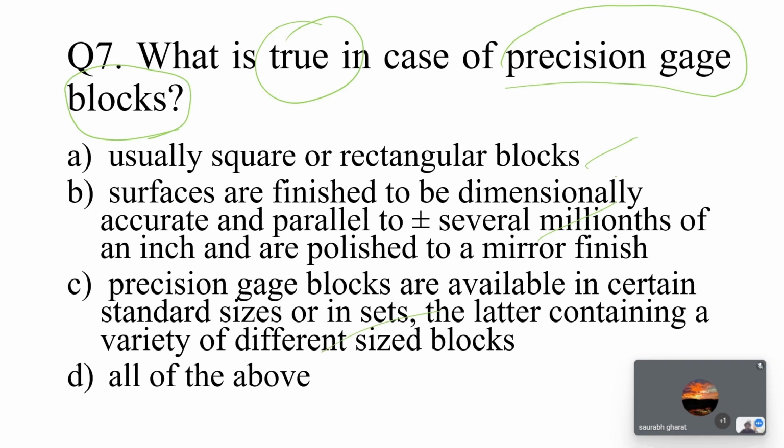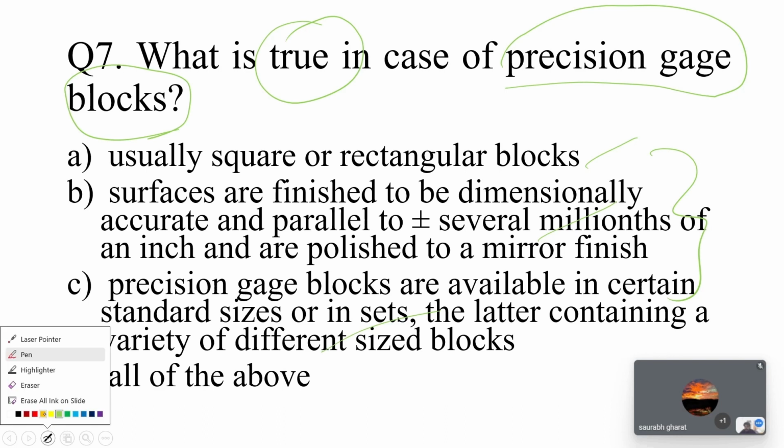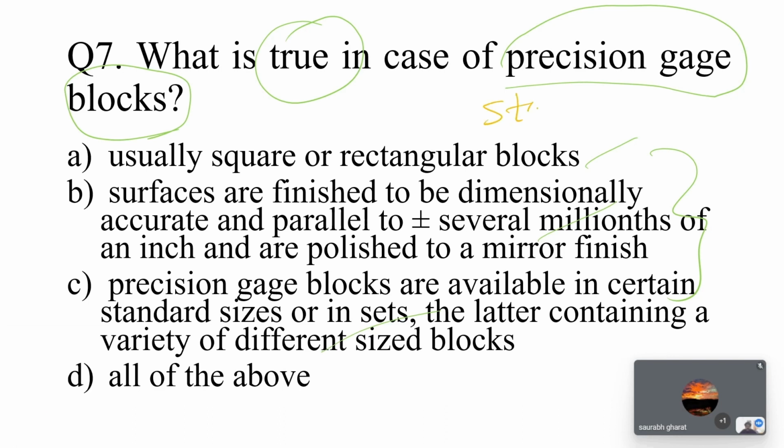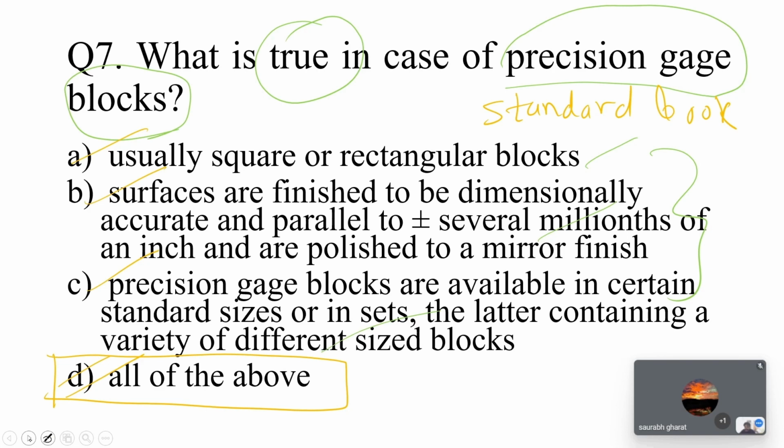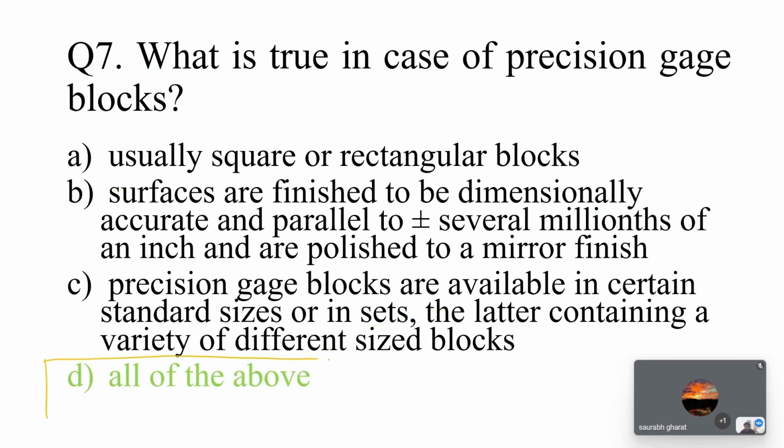We can go through the slides or even standard literature, and you will find this concept. In the standard books you can refer and find that all of these are correct. So all of the above will be your correct answer.